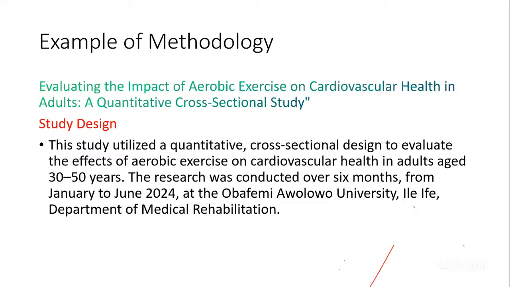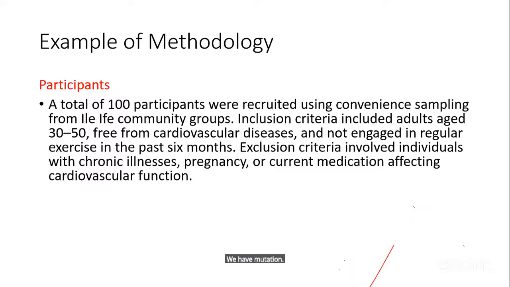This study utilized a quantitative cross-sectional design to evaluate the effects of aerobic exercise on cardiovascular health in adults aged 30 to 50. The study was conducted over 6 months, from January to June 2024, at the Department of Medical Rehabilitation. A total of 100 participants were recruited using convenience sampling from the community group.